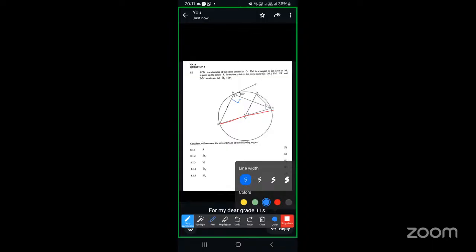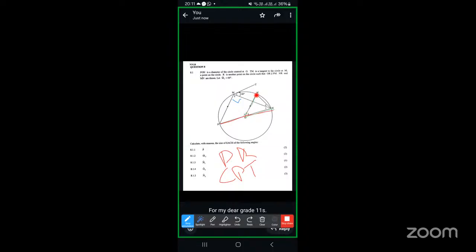Then going to R, DRCPT. Going to R, this is the radius. This is the radius because remember, the radius is the line from the point of the center to any point on the circumference.